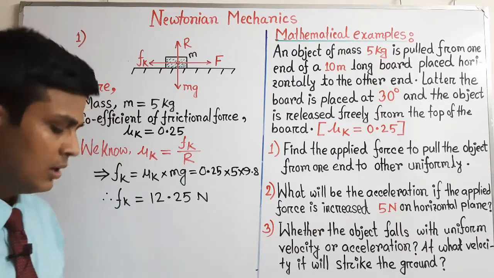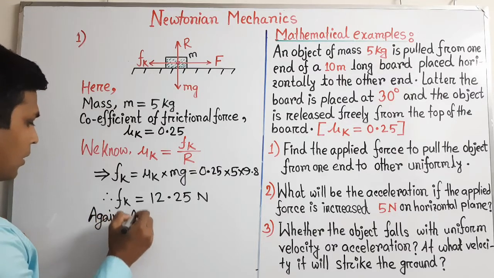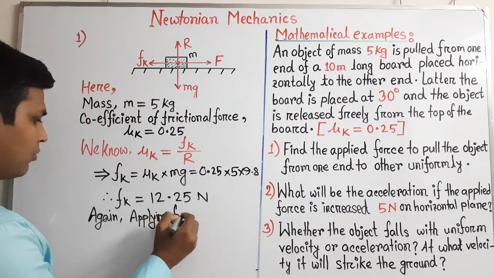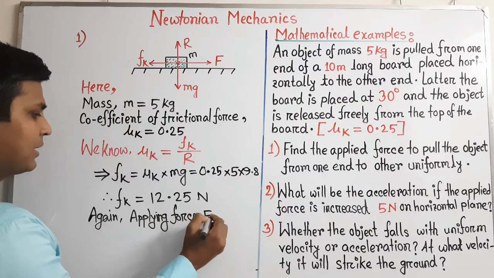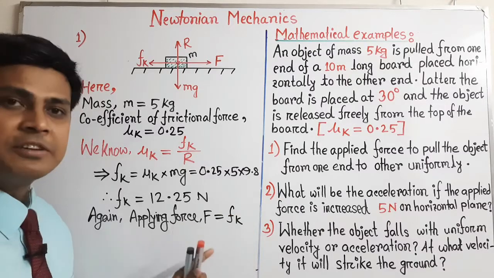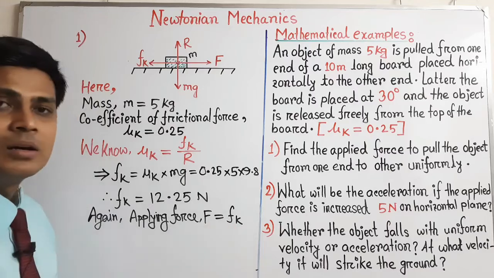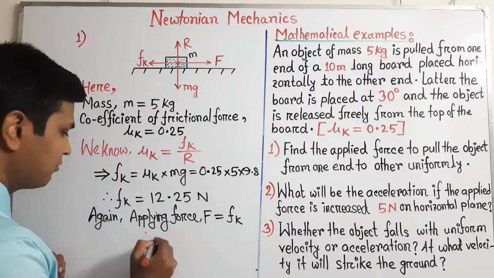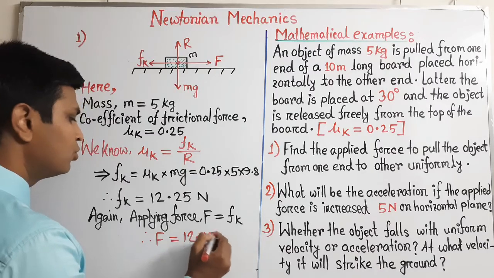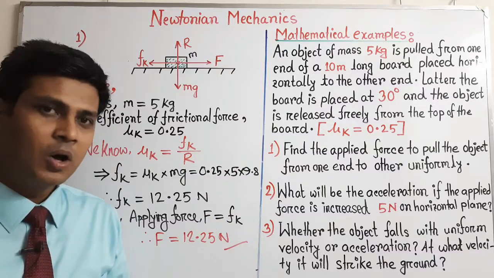Then our formula will be: applying force F equals the frictional force Fk, because here the effective force is 0. Now if we put in the value of Fk, we get the applying force F as 12.25 Newton. This is the answer to question number 1. I hope all of you have understood.